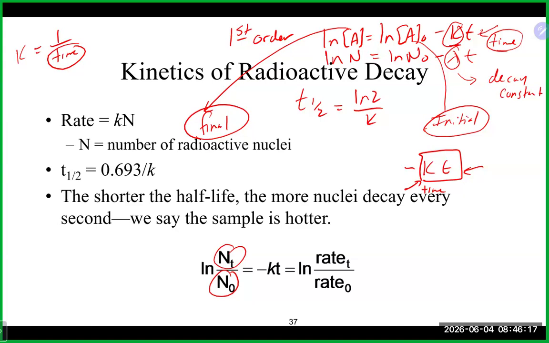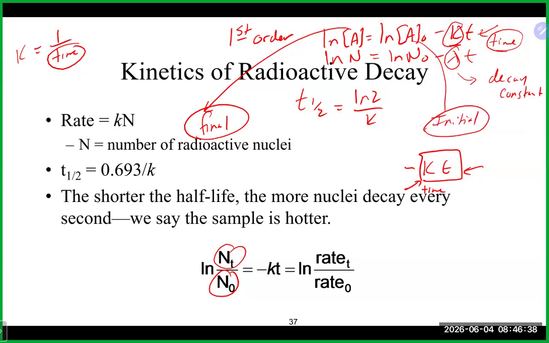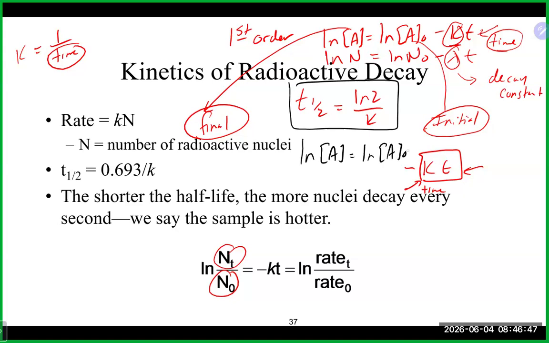Probably more so than what we saw in the kinetics chapter. Definitely in this chapter, because it involves basically radioactive decay, it is very, very common that you are given the half-life and you are not given the decay constant. So it is probably more common in this chapter than maybe we saw in the previous chapter that you have to use the half-life equation and the integrated rate law together a lot of times in problems.